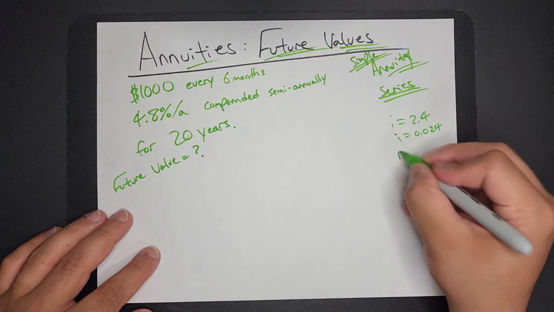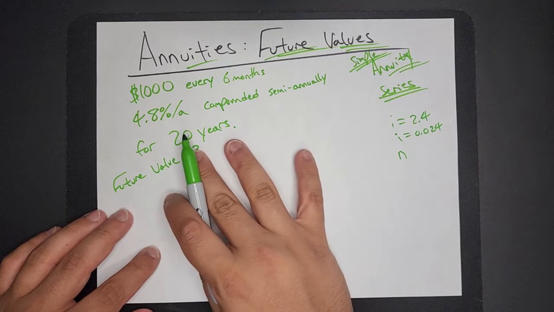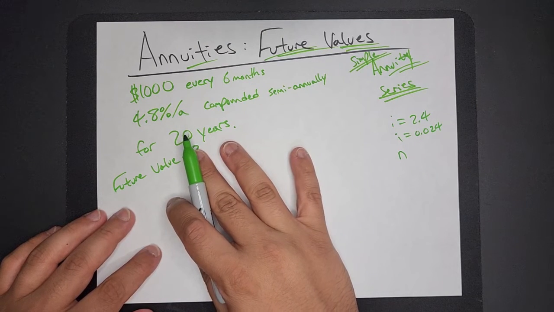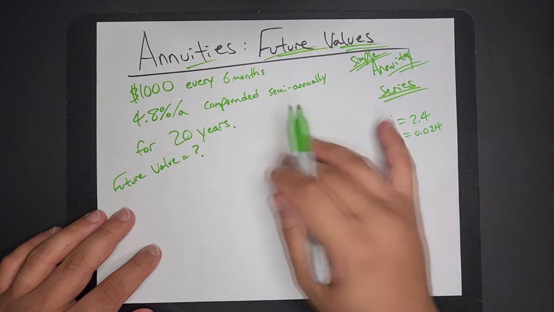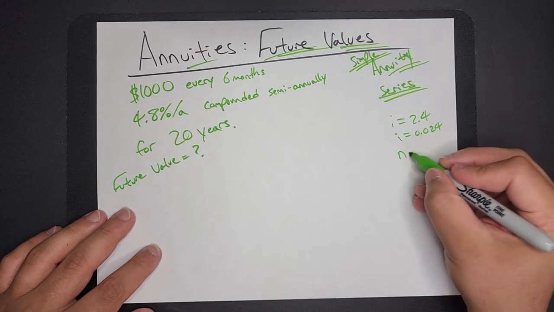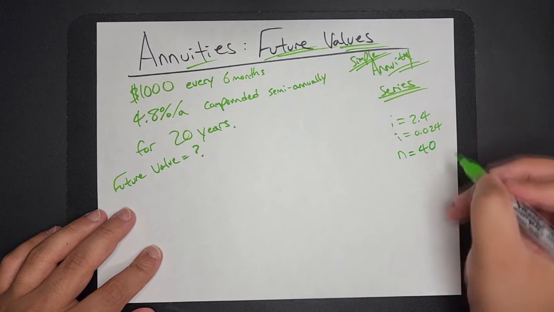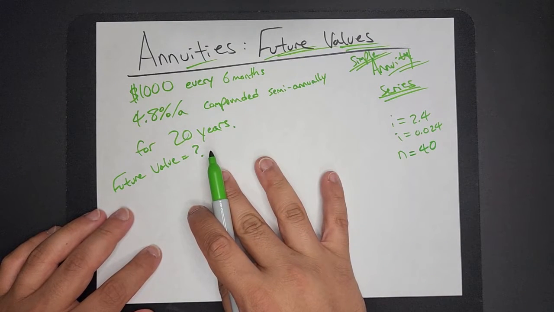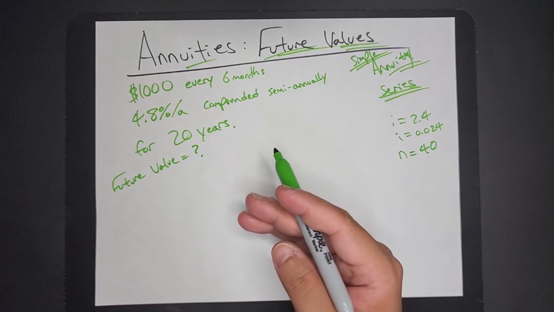And another thing we have to fix here now are 20 years period, because we're compounding twice a year, I'm going to have 40 compound periods.